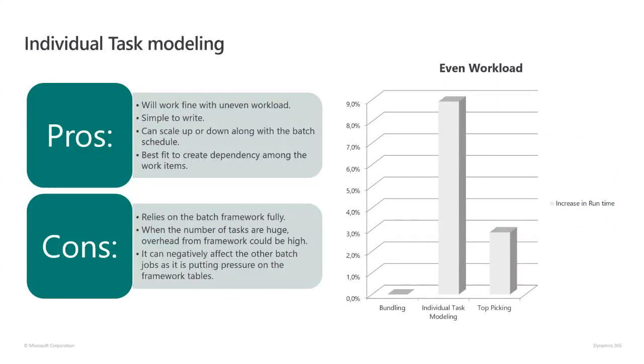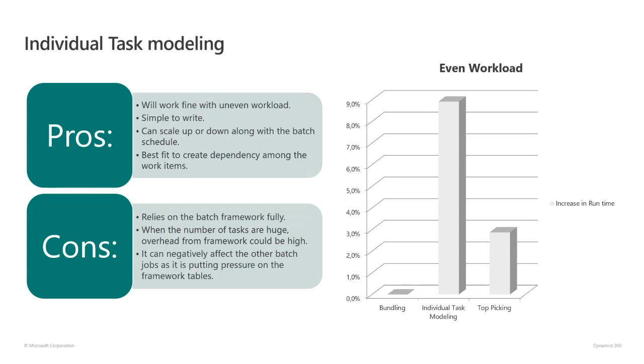So in individual task modeling, parallelism is achieved by creating a separate task for each work unit. So you will have a one-to-one mapping here between task and work item. And as the number of tasks is not fixed, it will scale up or scale down along with the batch schedule, either using yielding or extra resources.